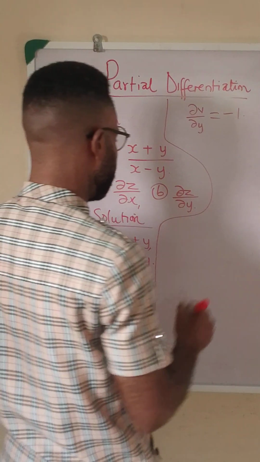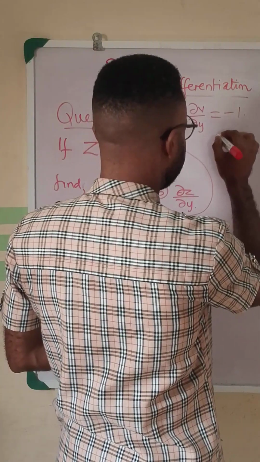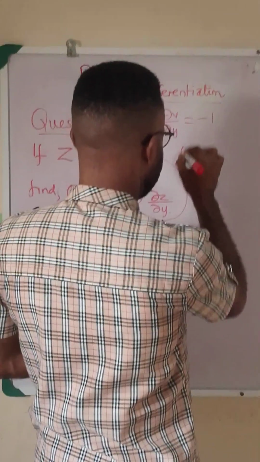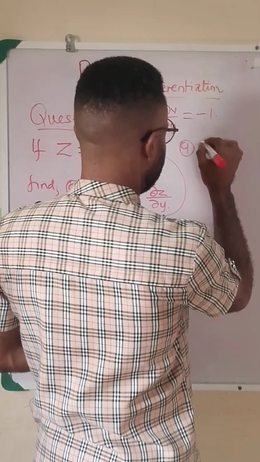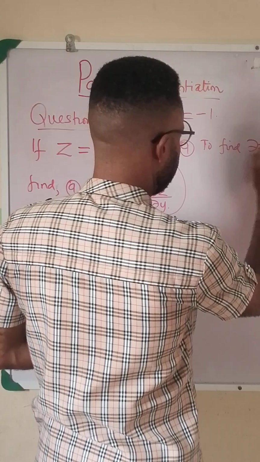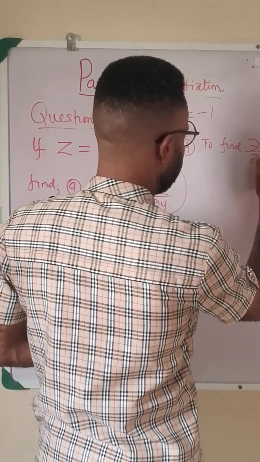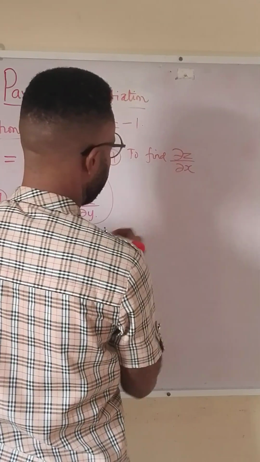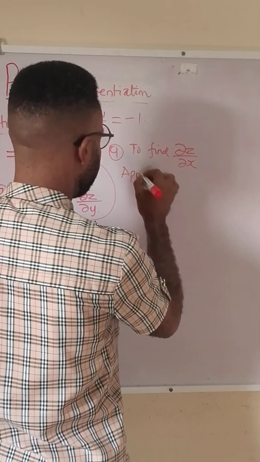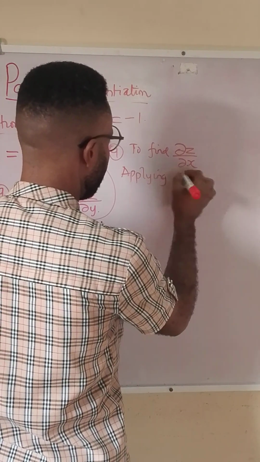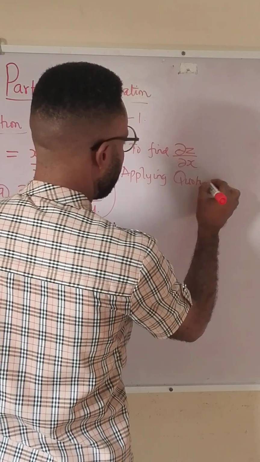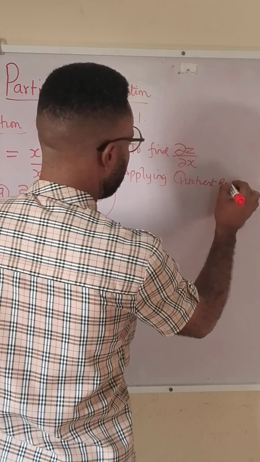Note for the quotient rule, to find the partial derivative of z with respect to x, we apply the quotient rule.